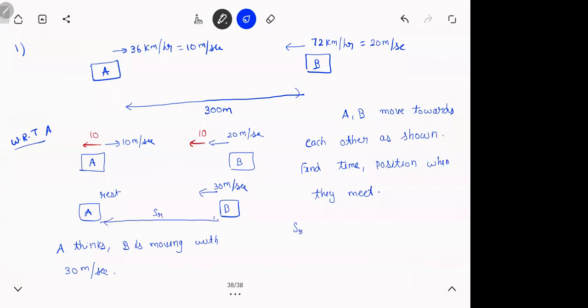This is u relative t plus half a relative t squared. There's no acceleration, so this term is 0. So 300 is equal to 30 into t. t is 10 seconds. That's straightforward. Just stop one of them, get the relative velocity, and relative distance by relative speed will give you time, since acceleration is 0. Meaning both of them are going to meet in 10 seconds.